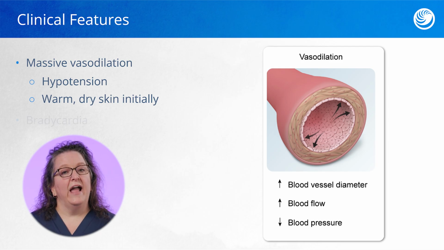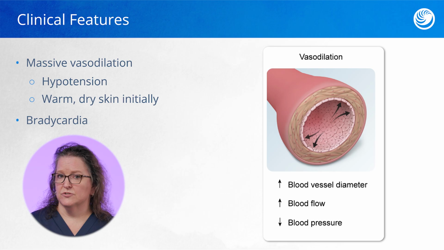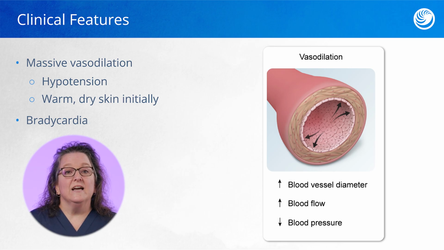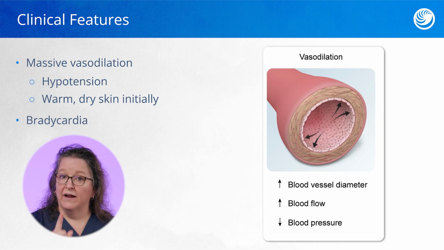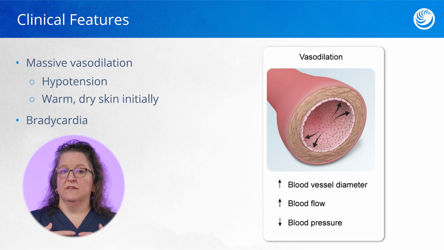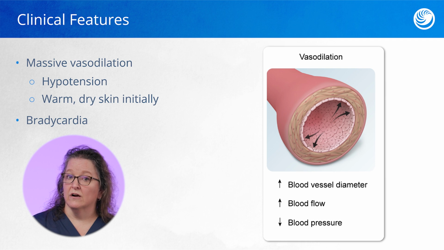And then the client will have bradycardia. That's a little bit different than all the other shocks that we've talked about so far, right? But it's because that parasympathetic has taken over and it is unopposed by the sympathetic. So the parasympathetic is causing the heart rate to slow down, and it's not allowing the sympathetic nervous system to come in and make it beat quicker.